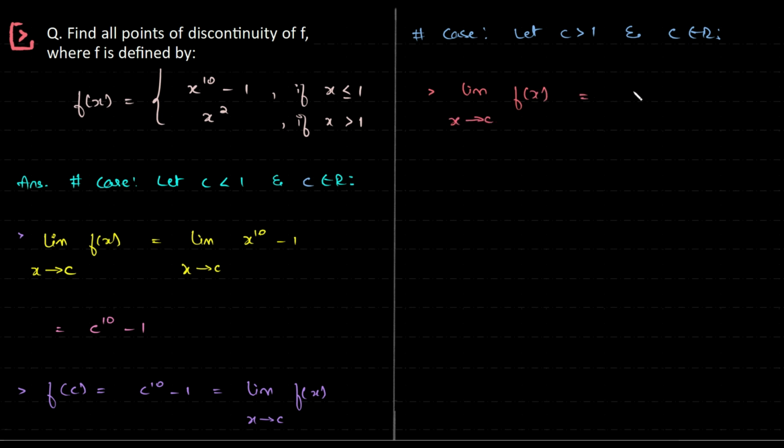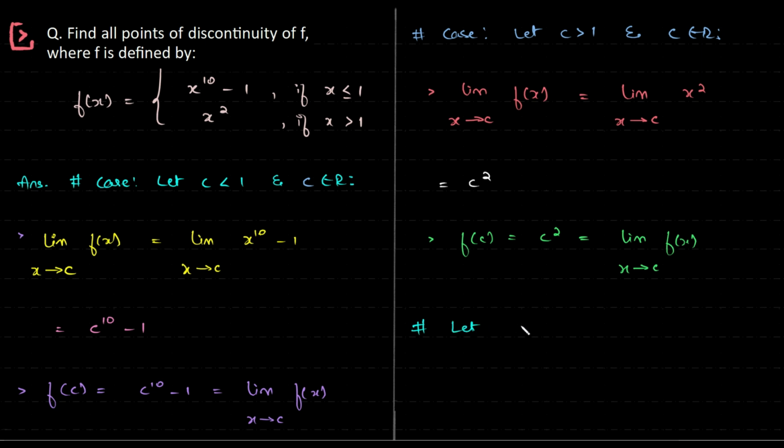At any point more than 1 we have the behavior to be x square, and this is equal to c square. And we have f of c in this case to be c square as well, which is equal to limit f of x as x tends towards c. So till now things are continuous, not an issue.